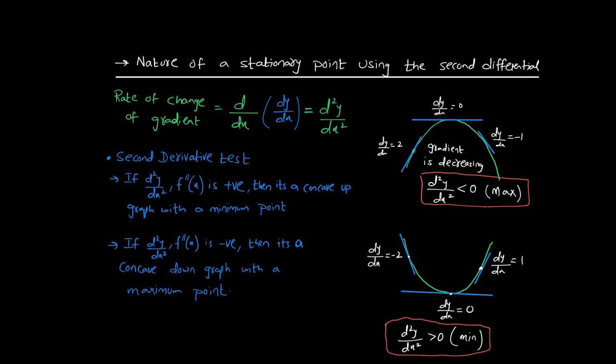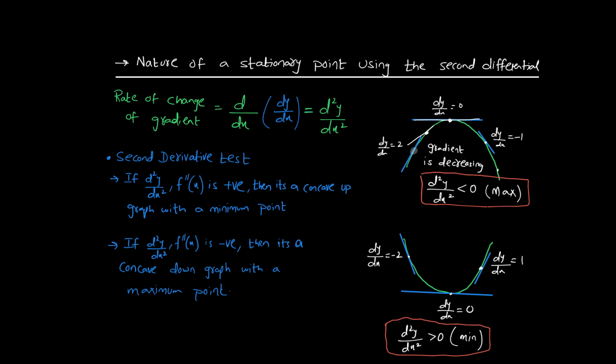Say you find the gradient at this point, it will reduce further, and here the gradient becomes 0, then turns out to be negative, and further the gradient would keep on decreasing. So we will say that the rate of change of gradient is negative over here. It's decreasing: as you increase the values of x, the gradient is decreasing.